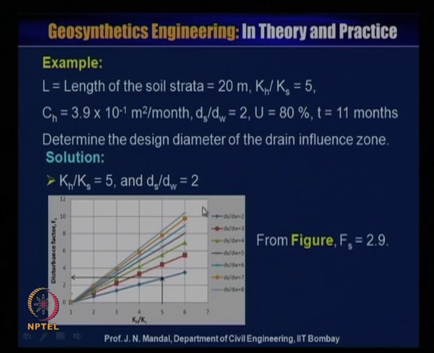So ds by dw is equal to 2, and then you move horizontally towards the left. So you can calculate what is Fs. From this figure you have Fs is equal to 2.9. So you can calculate Fs.